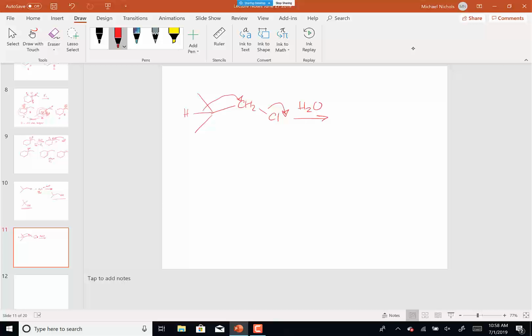So this is what we would call a hydride shift. So that H, that H is going to move as an H minus. So if you give that molecule enough energy, it could do that.